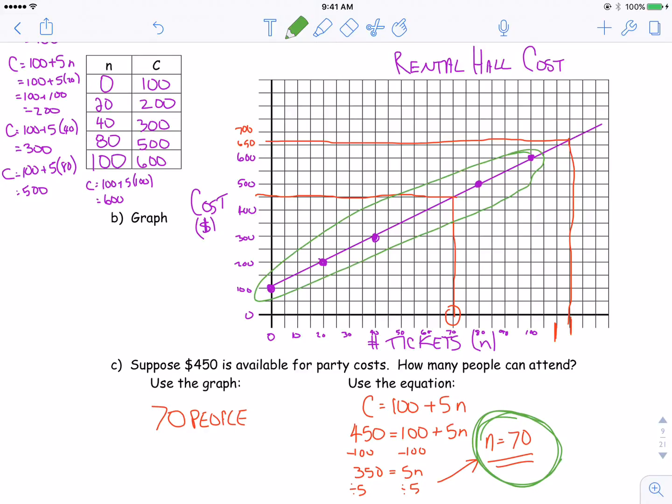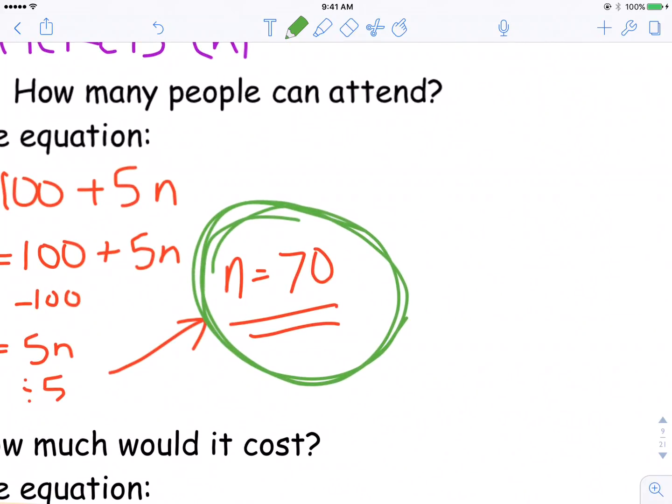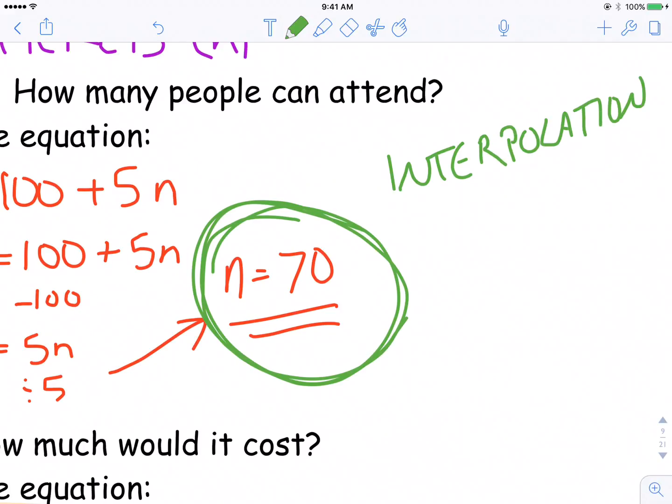That's information that we know, we've calculated, we've plotted. If I'm asking information within that set of data, that's called interpolation. Interpolation. Interpret what's going on inside that graph.